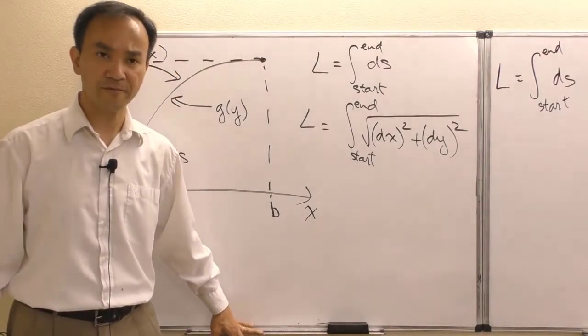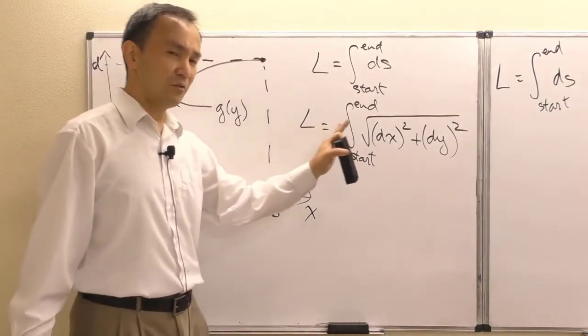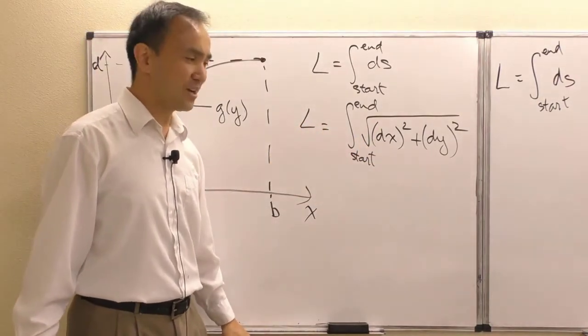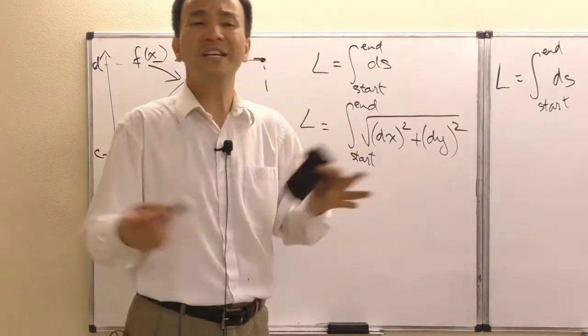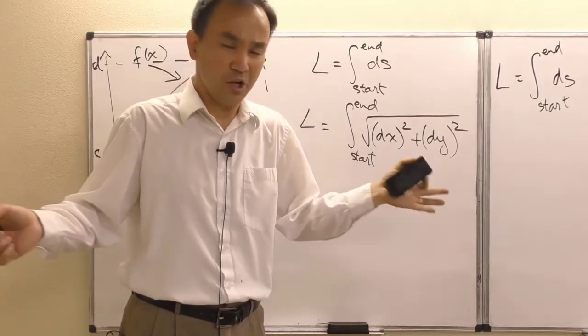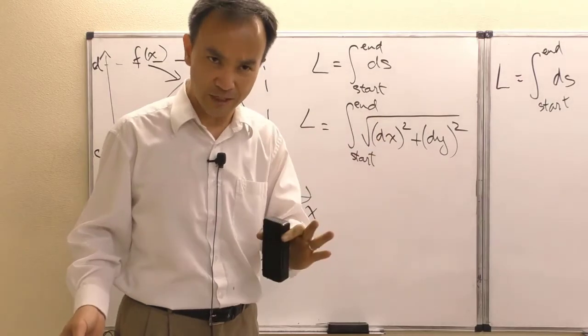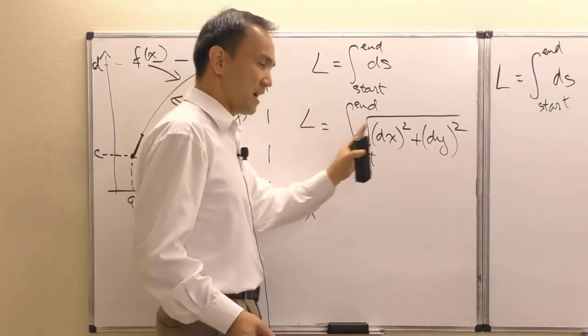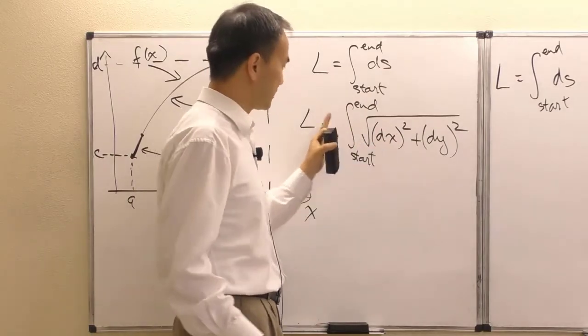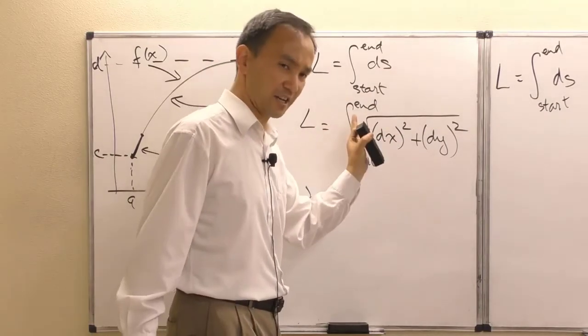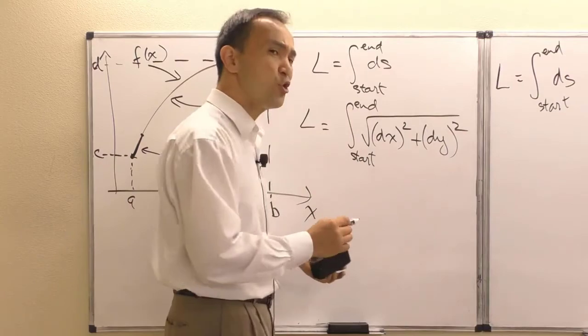Adding is commutative. Okay, so now we have this ds, and from this, algebraically, we can't get away from the algebra. So again, you got to get your algebra going. So from this expression, which generally represents the way to find arc length for any arc, I have a choice.